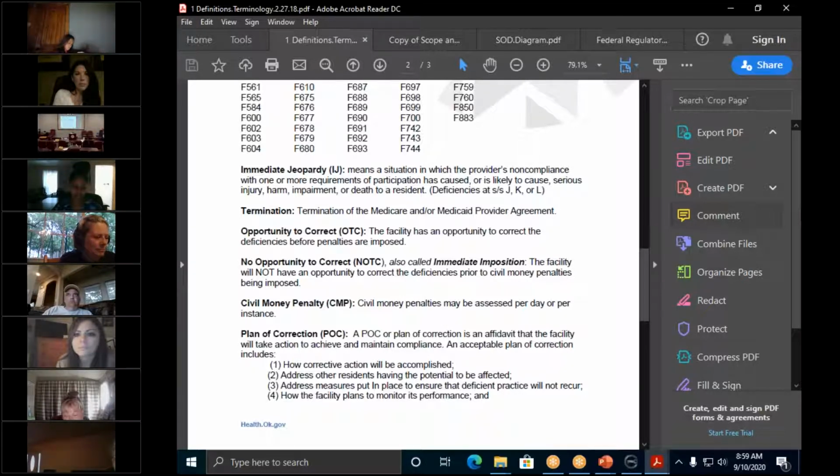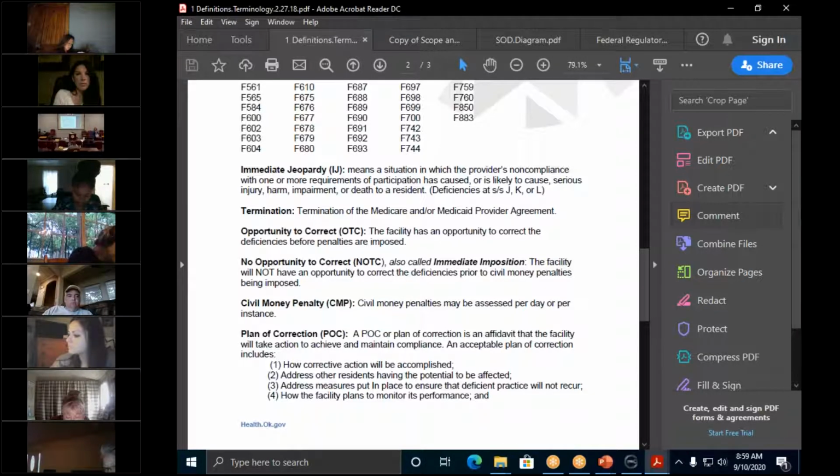Right now, there's only one exception to this. I'm going to tell you about that real quick because it is not addressed in any of these slides. Because of COVID and the regulations around infection control, one exception is F880.